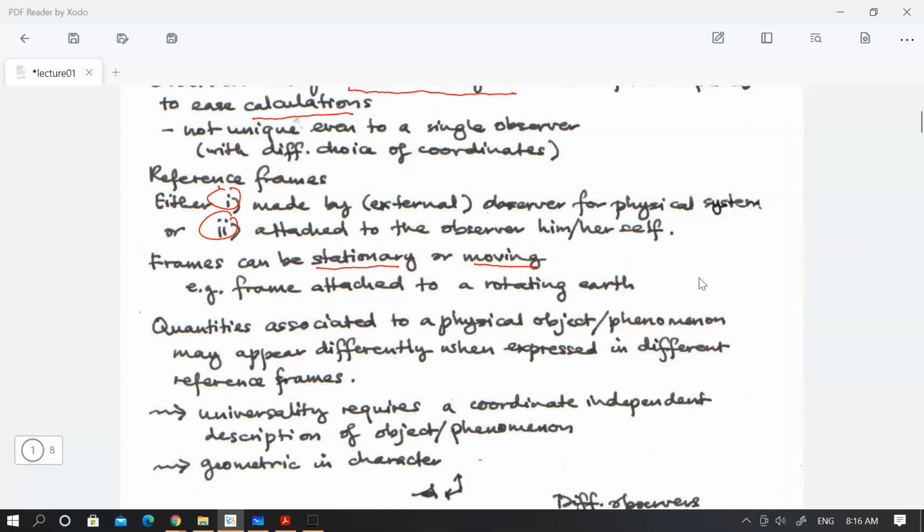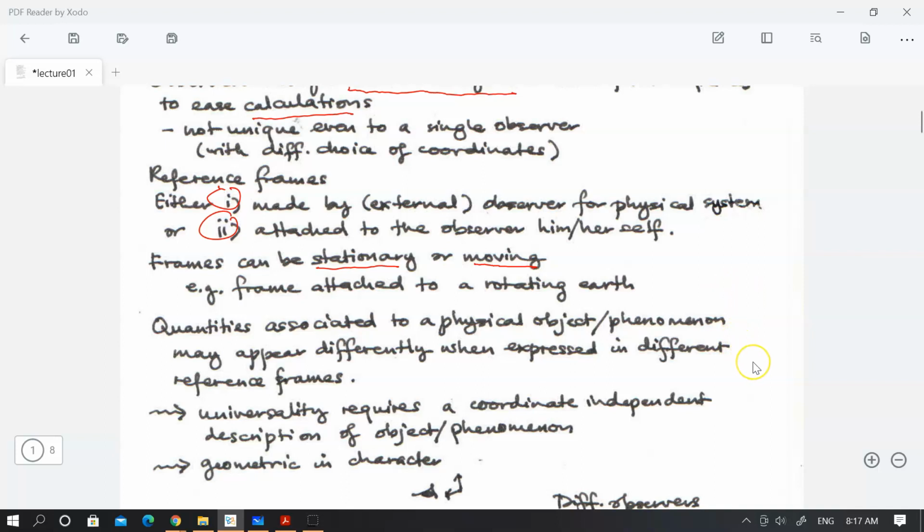Quantities associated with this phenomena may be different, in the sense that you may have deviations from the laws that you see when you do the experiments in a frame which you consider at rest, and when it's actually moving. So these are things that we have to be aware of when you do special relativity or in general physics.